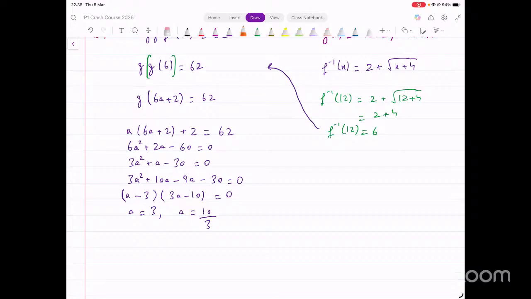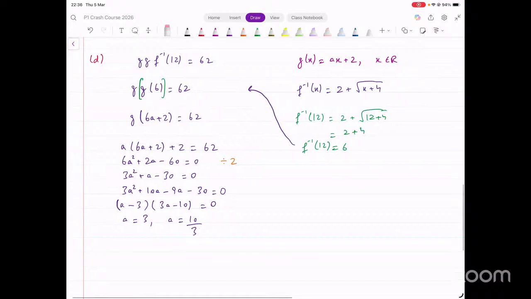Okay, so what I've done is, we're fine until this point, right? 6a squared plus 2a minus 60 equal to 0. I just divided it by 2 at this point, just to make the number smaller. So that became this. Then I've broken the middle term. I've not multiplied by 10. I'm factorizing, right? I've broken the middle term a into 10a minus 9a. I've just done factorization.